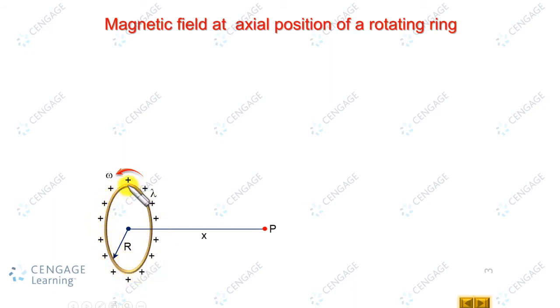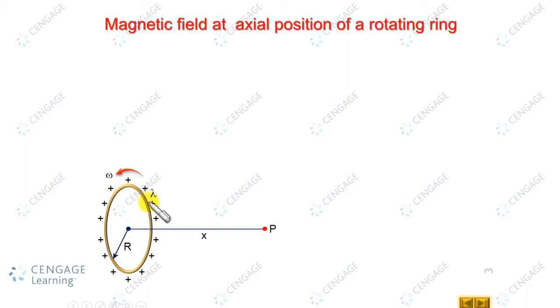Suppose this is a non-conducting ring where charge is uniformly distributed, right? This is a thin ring and it is rotating with the angular velocity omega. And here we are interested to calculate the magnetic field at point P at a distance x from the center of this ring.